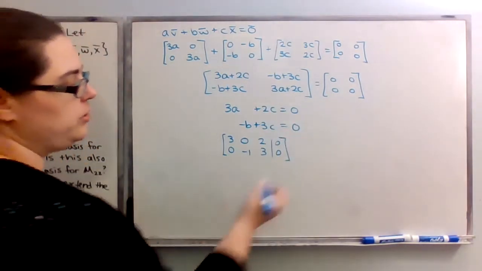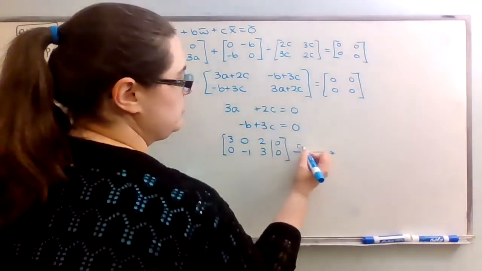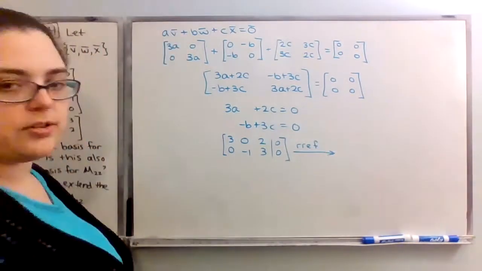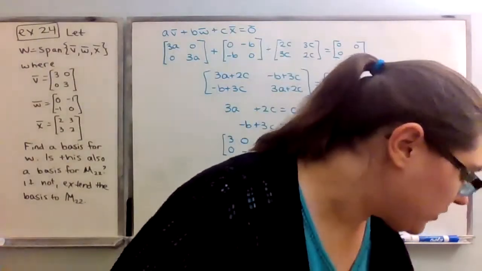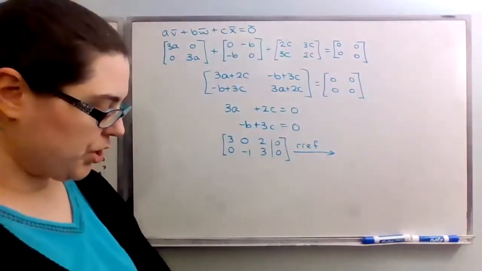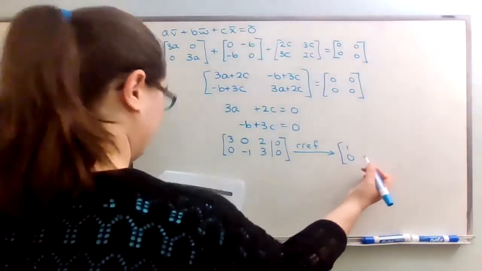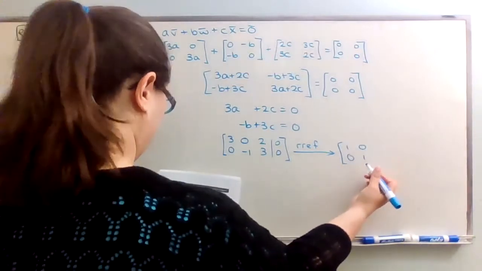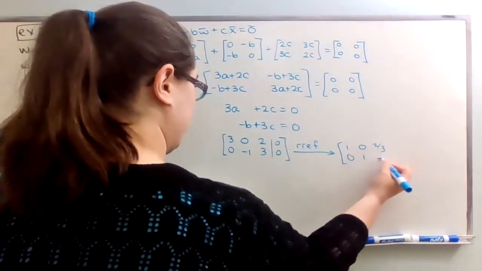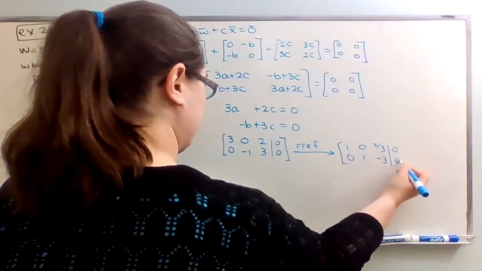And then we're going to row reduce that using Gauss-Jordan elimination. And when I did that earlier, here's what I got. My first column is 1, 0. And I got 0, 1, 2/3, negative 3, 0, 0.